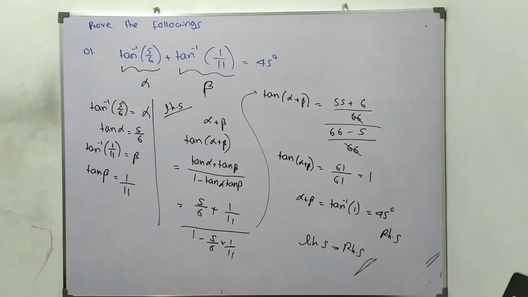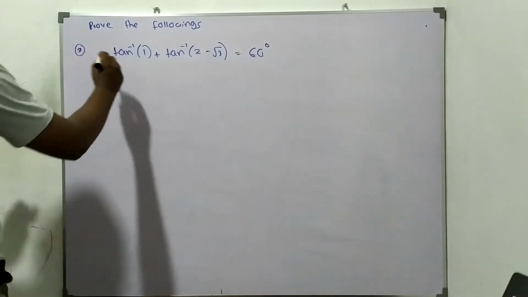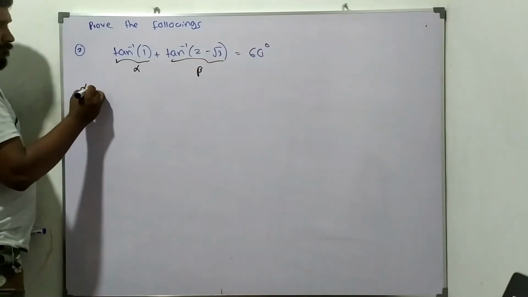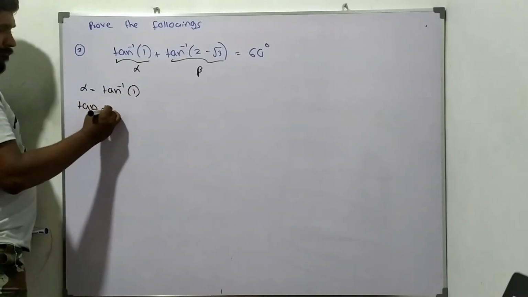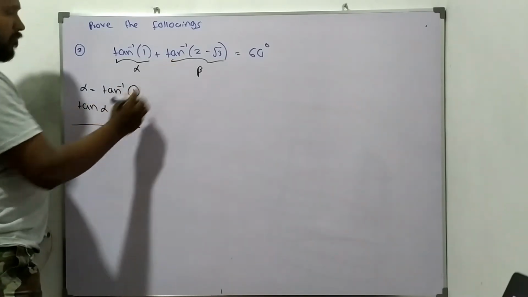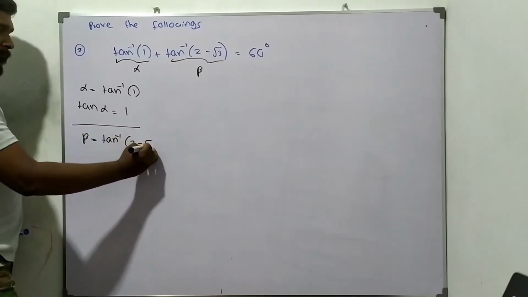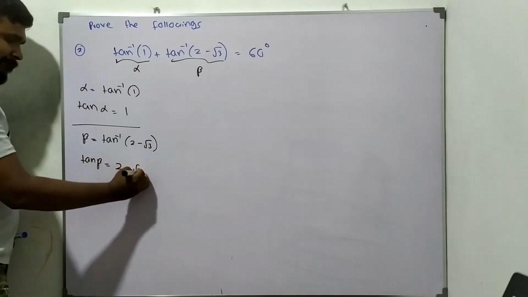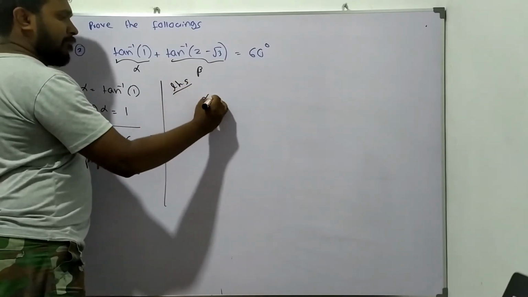So this is the way of proving inverse functions. Now you can try this. Please try it now. Alpha and beta, like the previous method. First of all we have to define tan alpha and tan beta.